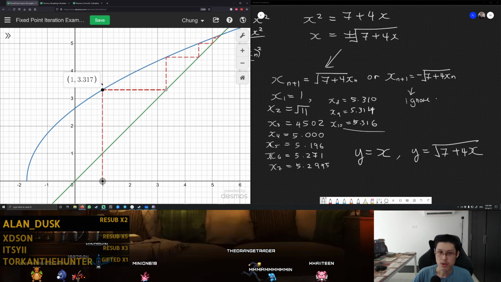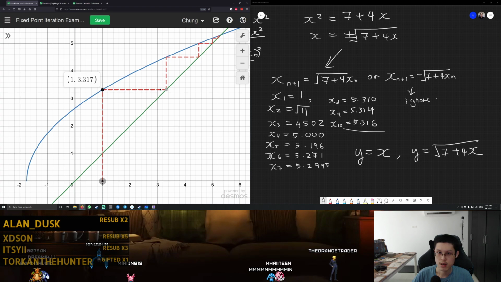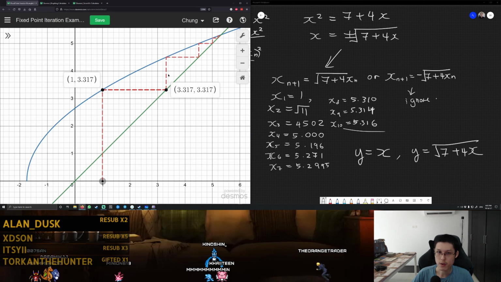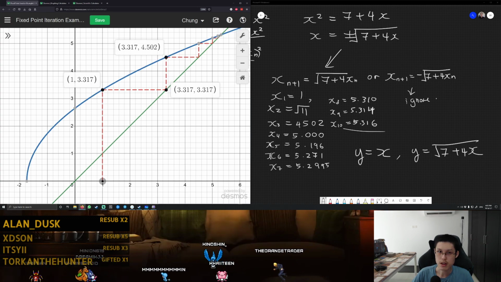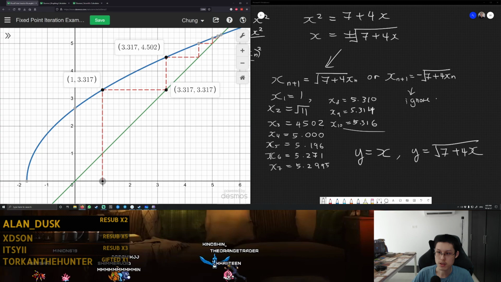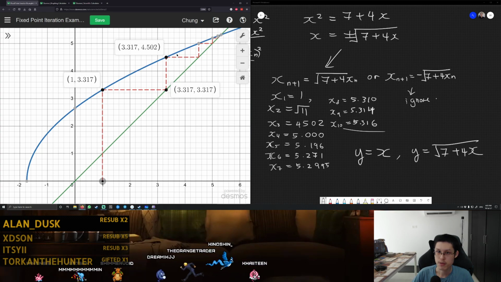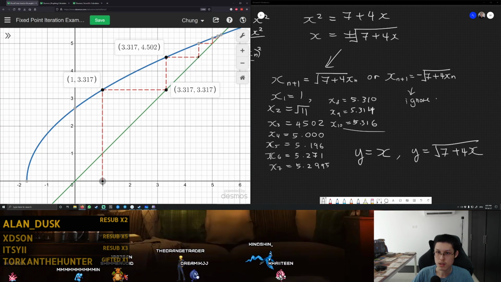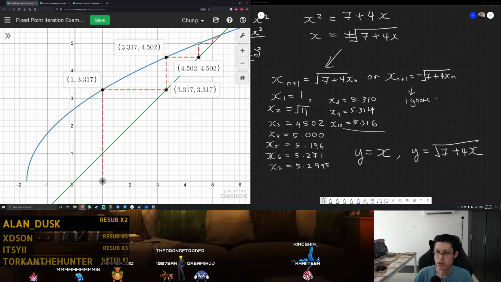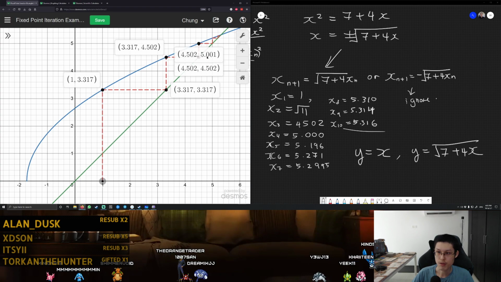So if you take root of 11 and put it back in here, you're doing a horizontal line across. Then if you take this and put it back in to find x3, it goes up and you find 4.502. Then you put it back in, it goes horizontally across, and when you evaluate for x5, it moves vertically up and you get 5.001.